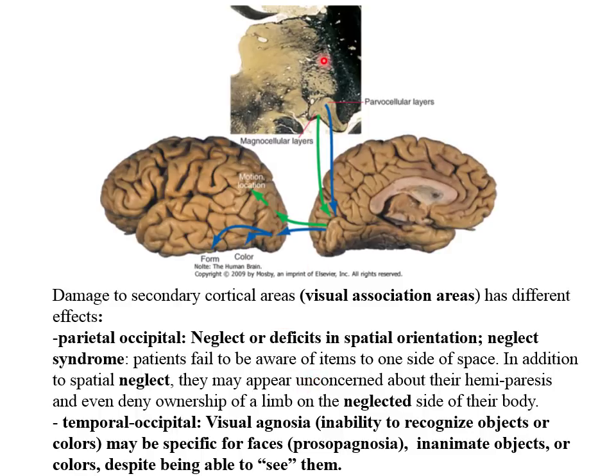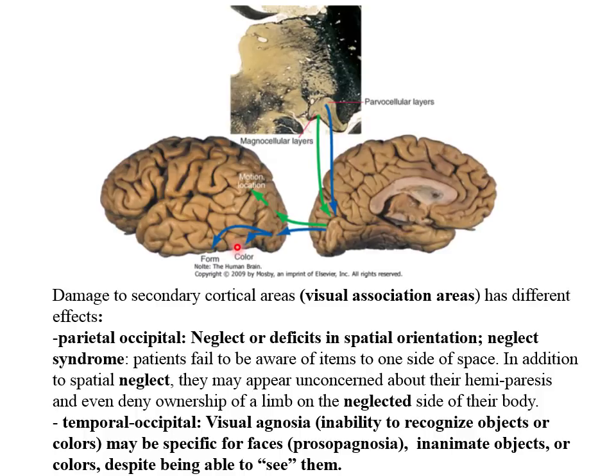Similarly, the pathway coming from the lateral geniculate to the primary cortex and subsequently to the visual association cortex in the temporal occipital region, particularly the inferior portion of the temporal occipital area, is involved in detection of color of objects and of the shape or form of objects.